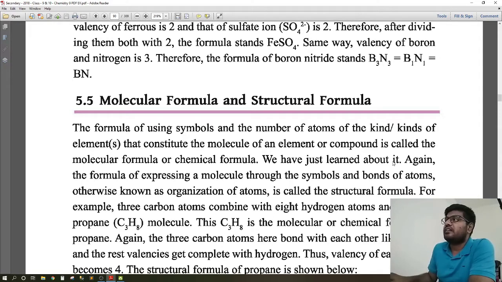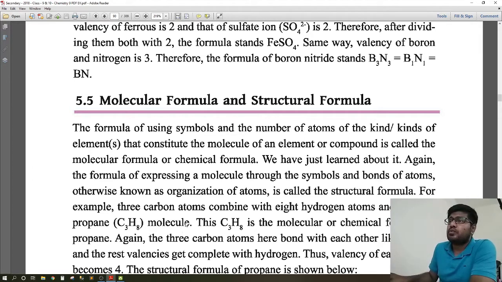Again, the formula expressing a molecule through the symbols and bonds of atoms, otherwise known as organization of atoms, is called structural formula. That means its bonding, including its valency, is expressed. For example, 3 carbon atoms combine with 8 hydrogen atoms and produce a propane molecule.